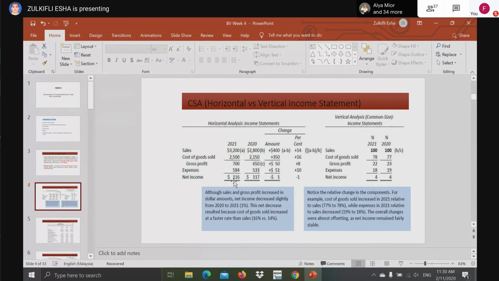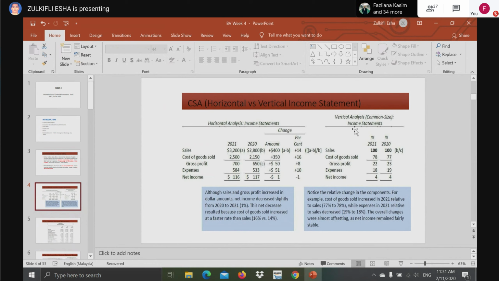So cost of goods sold and expenses will affect our net income. The company has to be very careful. In order to increase our net income, we need to increase our sales, but at the same time, reduce our cost of goods sold and our expenses. Only by reducing our cost of goods sold and expenses can we manage to increase our net income.